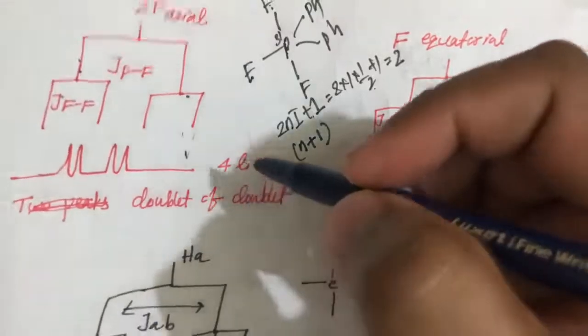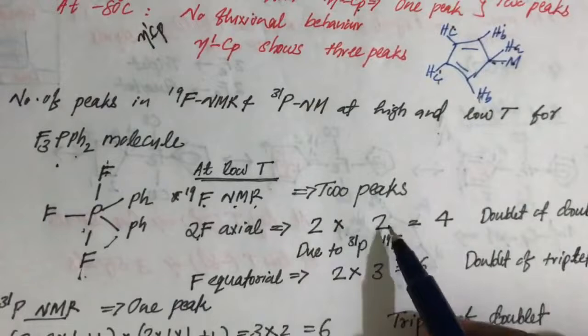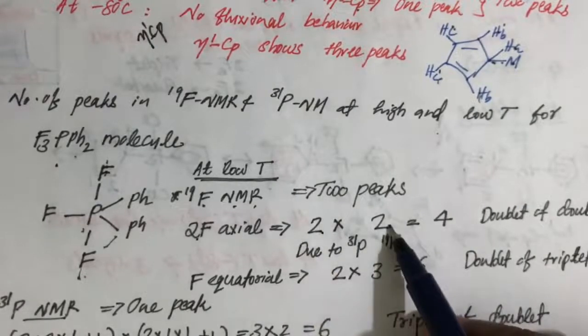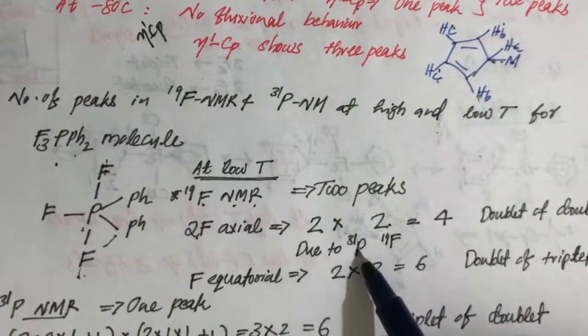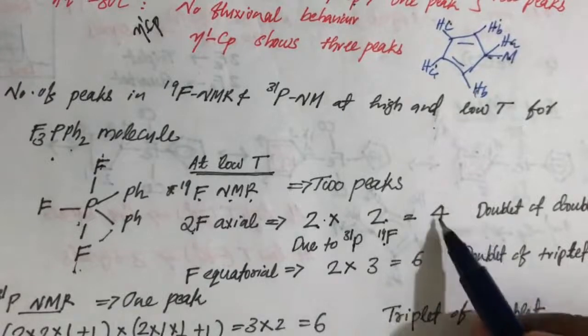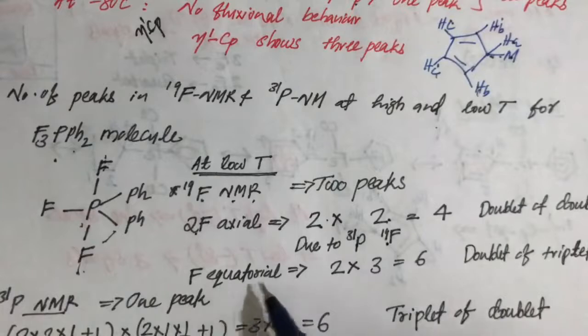Ready? Now you can have 2 into 2, first splitting into 2, then again splitting into 2, that is, the first splitting is due to phosphorus, 2, and again splitting due to fluorine, 2. So totally you can have 4 lines, that is, a doublet of doublets. Now what about the equatorial fluorine? Equatorial we can analyze.